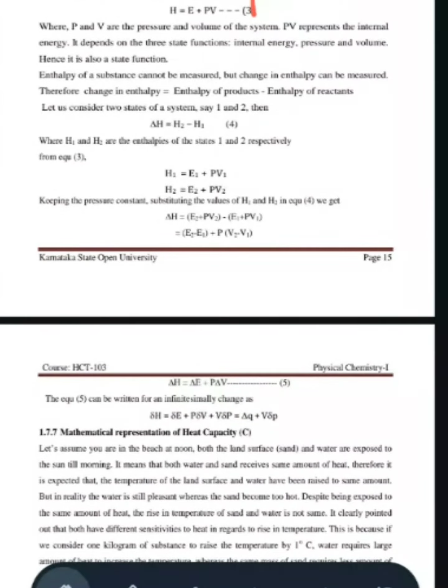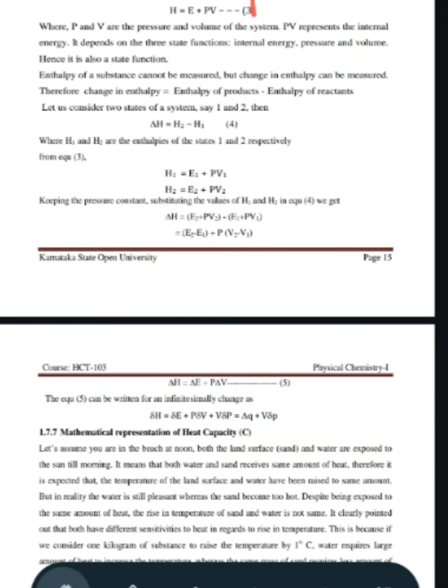The total heat content of a system at constant pressure is equal to the sum of internal energy and the product of pressure and volume.